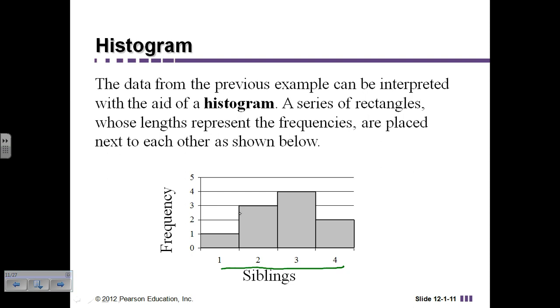There were 3 students with 2 siblings. There were 4 students with 3 siblings, and there were 2 students with 4 siblings. So you'll notice that on the left-hand side is the frequency, and on the bottom is the number of siblings. So this is a histogram. It's just another way of representing the data that's given to you.